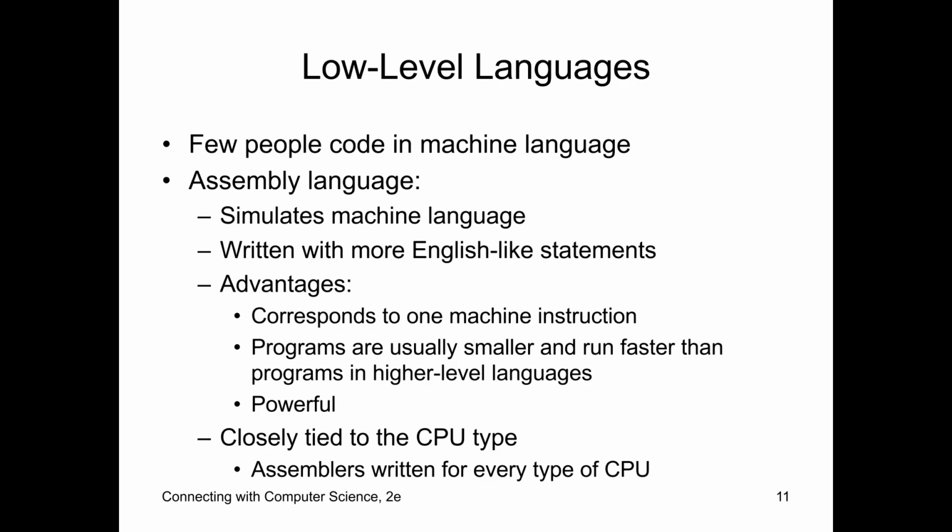Now, the flip side of that is they're generally tied to a CPU type. For instance, an Intel chipset is going to be different than another chipset that's being used for, like, IoT, because they have different registers and they have different instruction sets. So generally, when you write assembler, you have an assembler for every CPU.